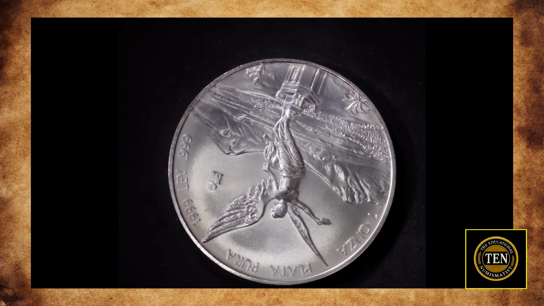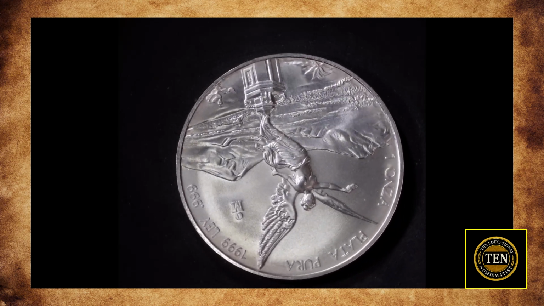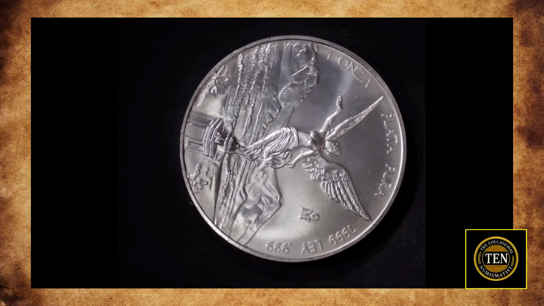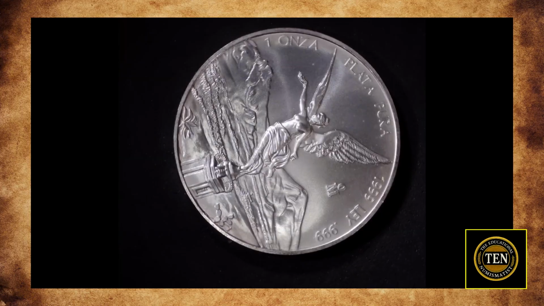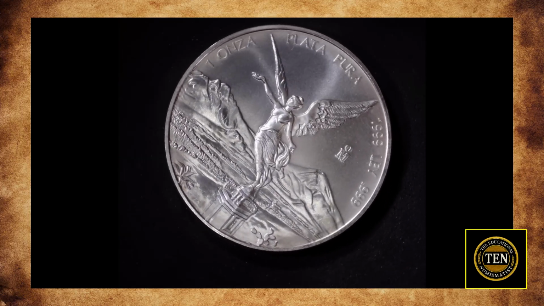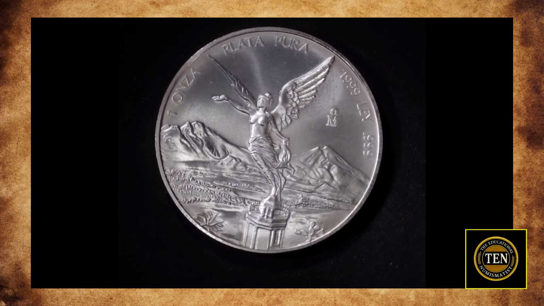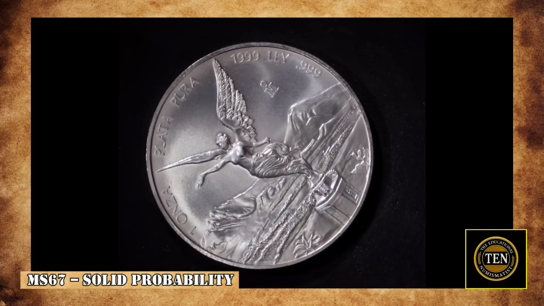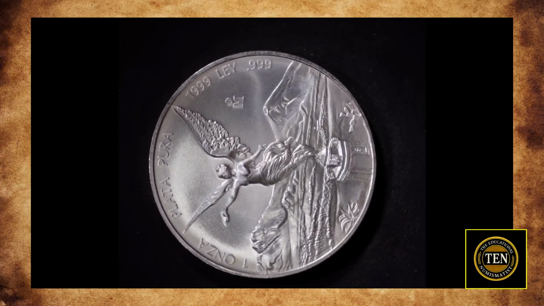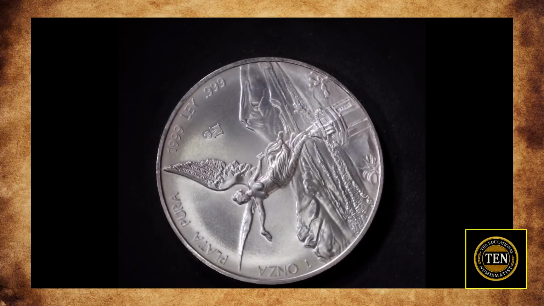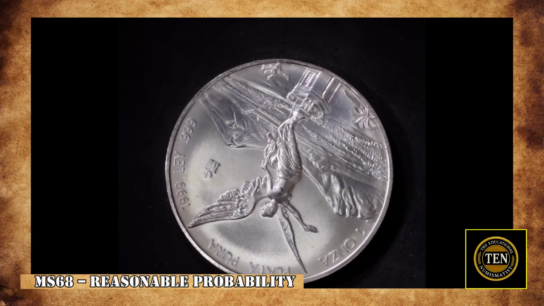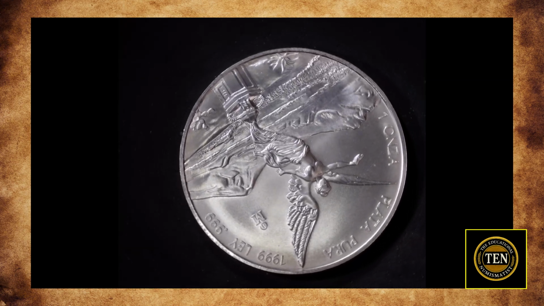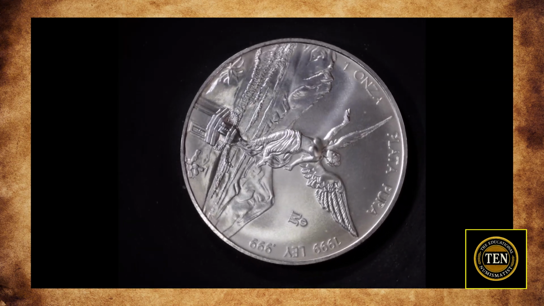This coin is strong, but strong and elite are not identical. Based on the very light abrasion frequency, focal zone weight, and surface balance, MS67 carries a solid probability in my opinion. MS68 carries a reasonable probability, while MS69 remains probably unlikely.